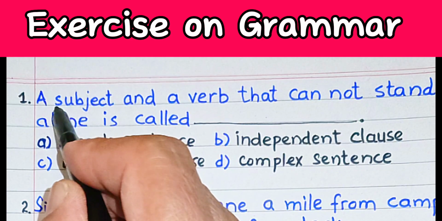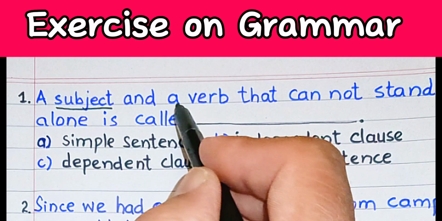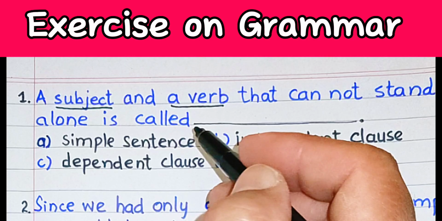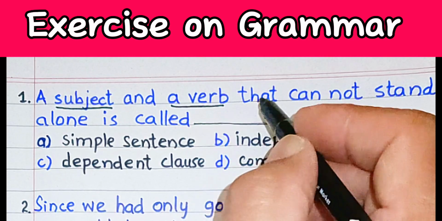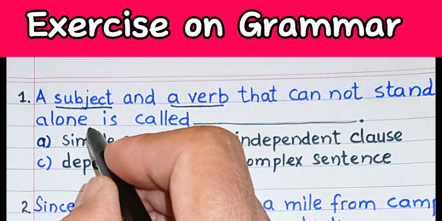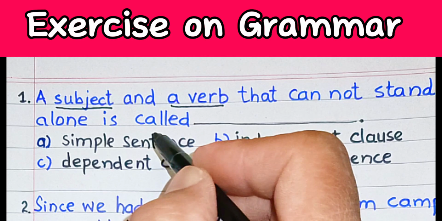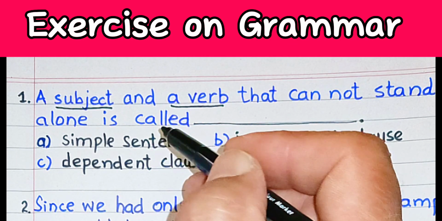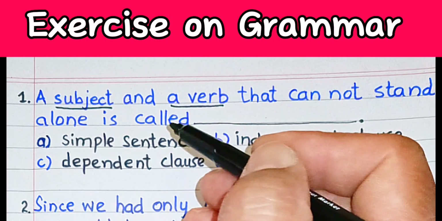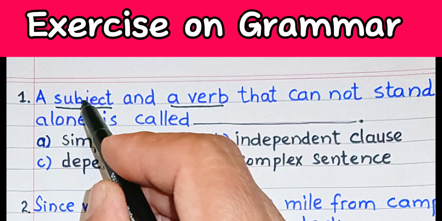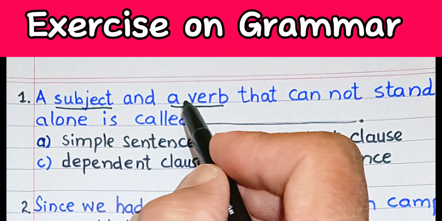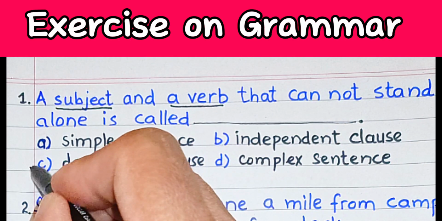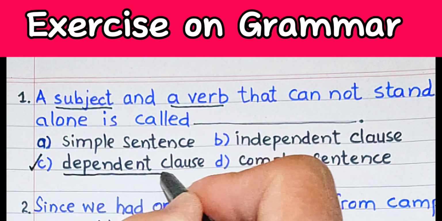So over here, it says that there is a subject and there is a verb that cannot stand alone, which is totally dependent on other clauses or other factors. So that particular subject and verb based part of the sentence will be called dependent clause. So in this case, this one is the correct answer.